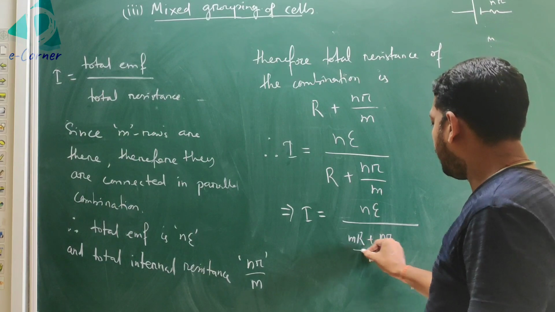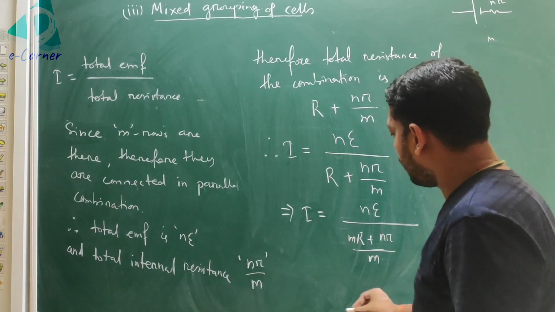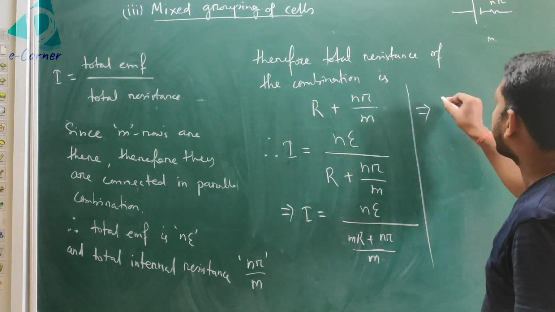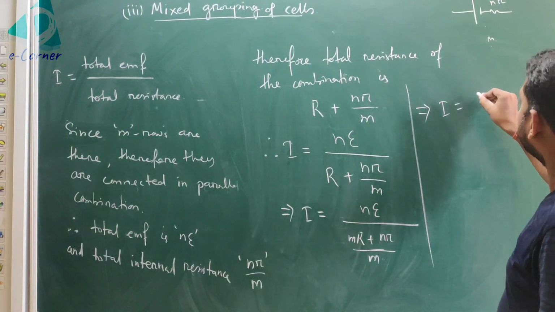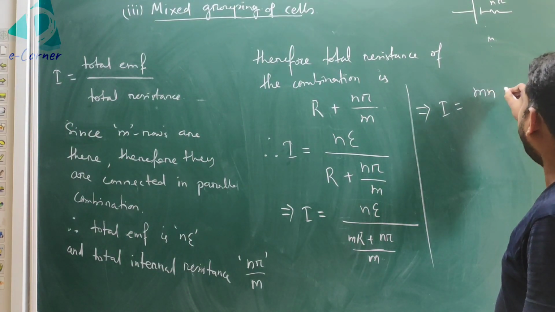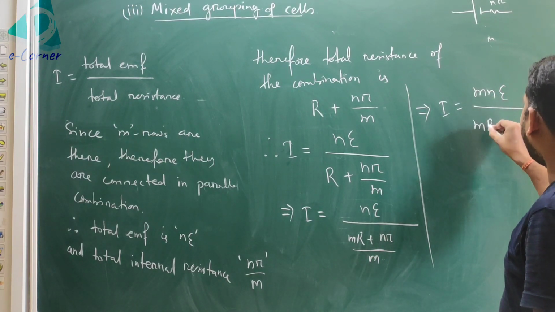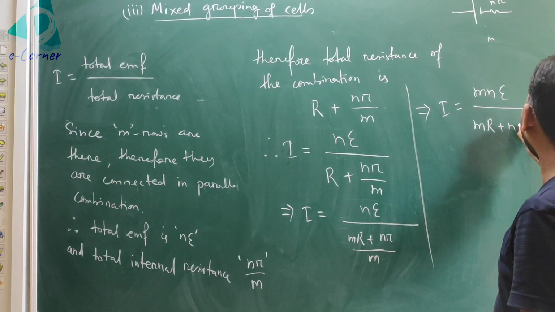So this m will go to the top. That implies I is equal to m into n into E divided by mR plus nr.